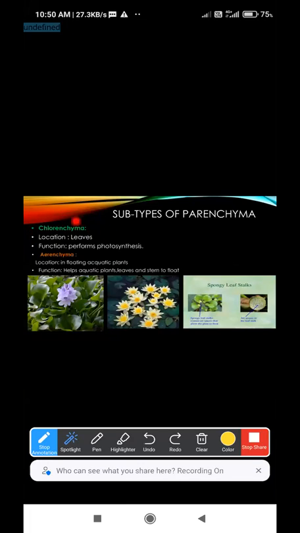chlorenchyma. Chloro means green, and chyma means the cell or the tissue, so it contains chlorophyll pigment. So the speciality of chlorenchyma is that this tissue contains chlorophyll.